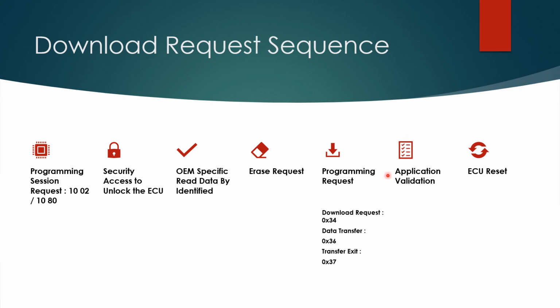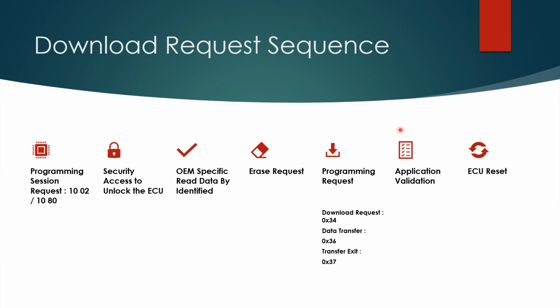Then we will do the application validation. It is very important to validate the application when we are doing the programming. If we do not do a validation, it may result in downloading a corrupted application and jumping to the corrupted application, which may lead to corruption of the ECU, and we may not be able to revert back.